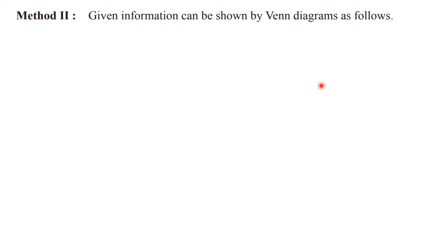Here we want to find out N of A intersection B, so that we will take as X. And we know that N of A is 45, that means the students who play cricket is 45. And N of B is 52, that means the students who play Kho-Kho is 52.